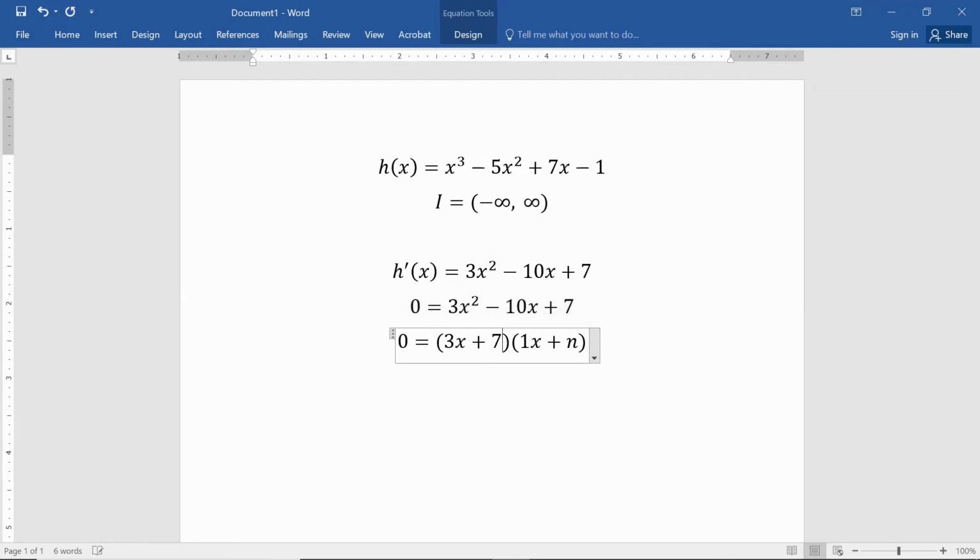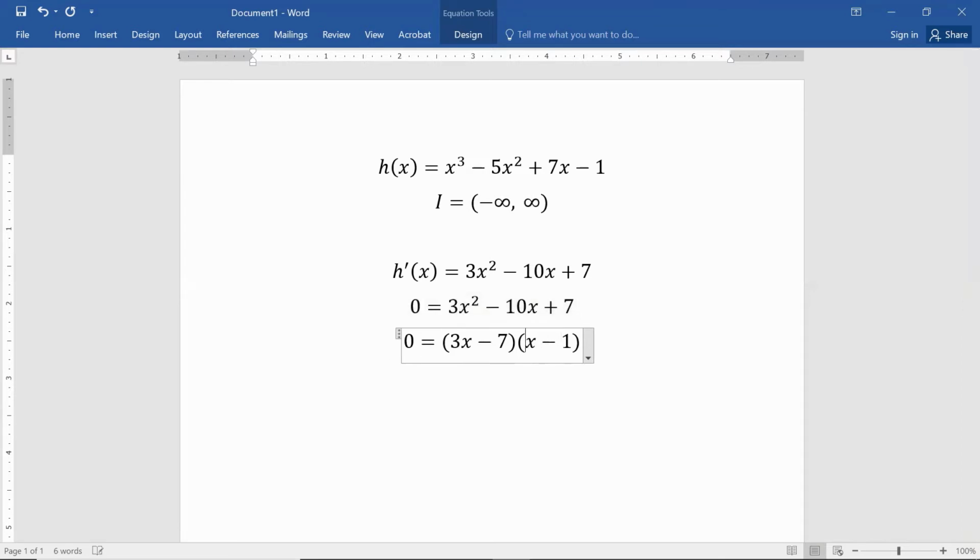So in order to multiply to give me a +7, I'd either have to use a +7 and a +1, but this would give me a +10 in the middle, or I'd have to use a -7 and a -1. And if you multiply these out, you would get a -10 in the middle.